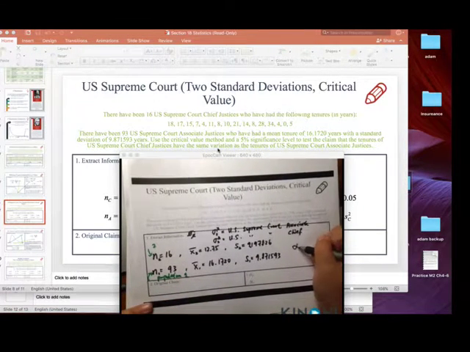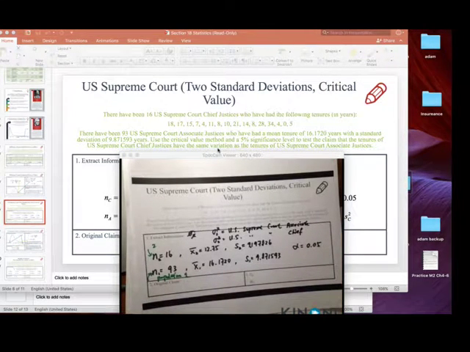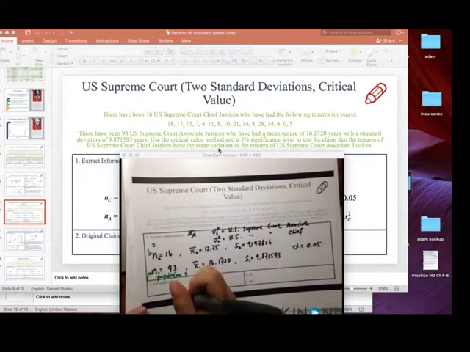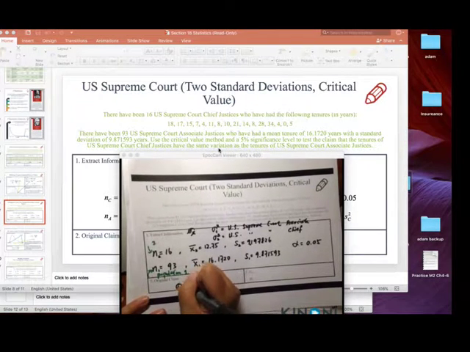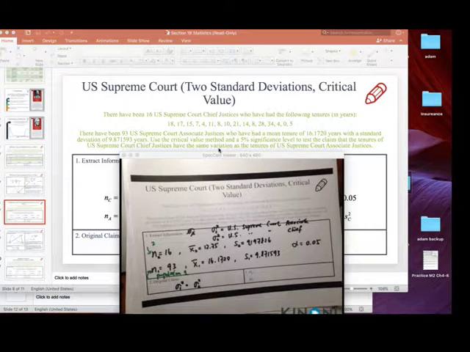Write down the significance level. That is 5%, which is 0.05. And then the original claim: we want to test whether they have the same variation. So my original claim will be sigma 1 squared equal to sigma 2 squared.